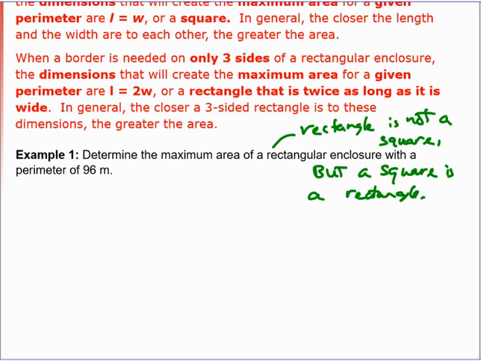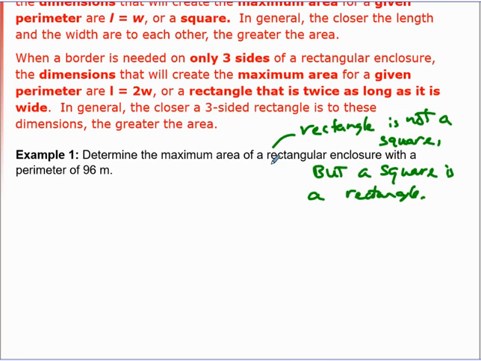So squares are in the family of rectangles, but a rectangle can't always be a square. A square is a special rectangle. Rectangle just means a four-sided object with 90 degree angles. So rectangles can be many different things, but a square is one of them.